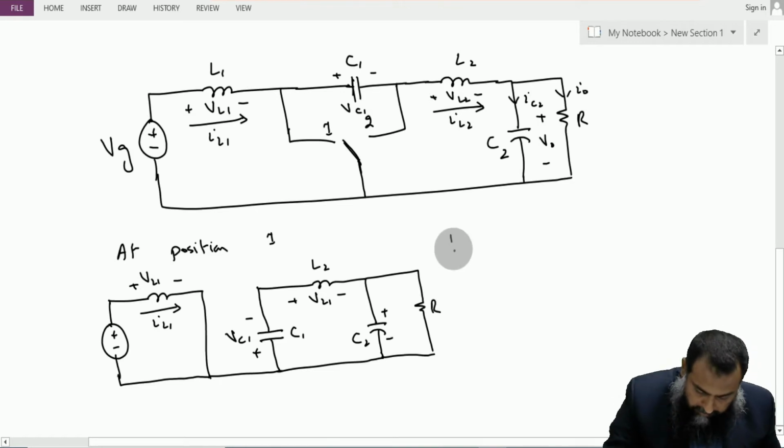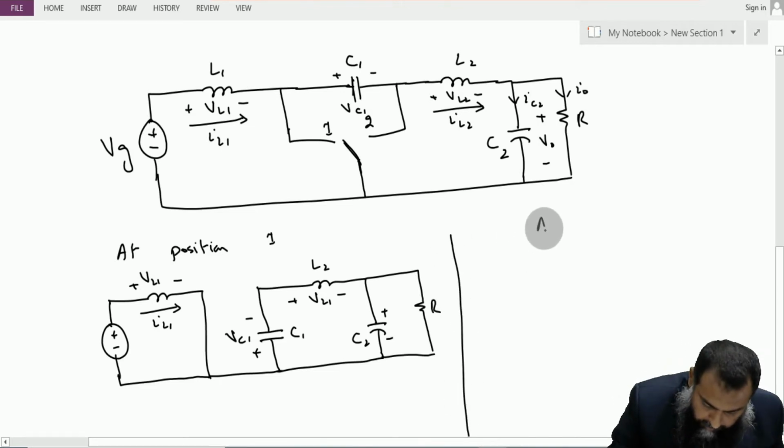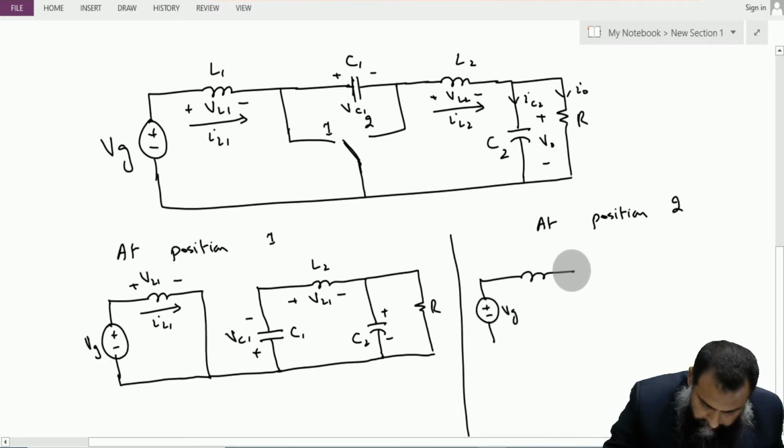Similarly, for switch position number 2, we have this is Vg, and then we have the capacitor C1, VL1, IL1.